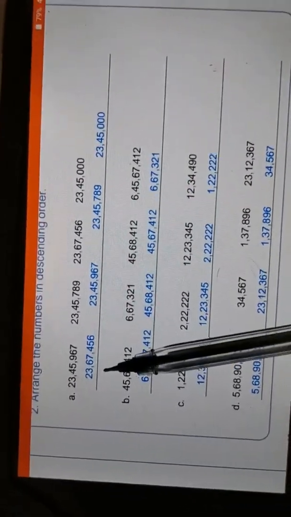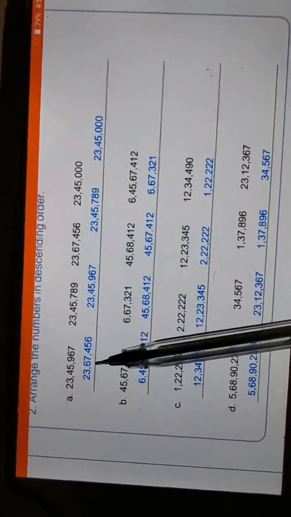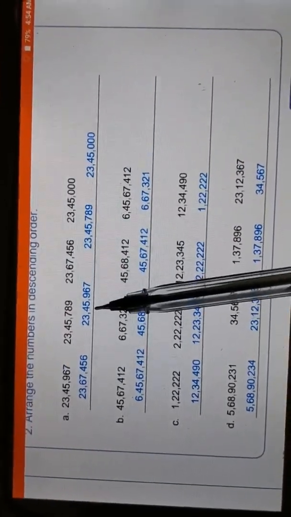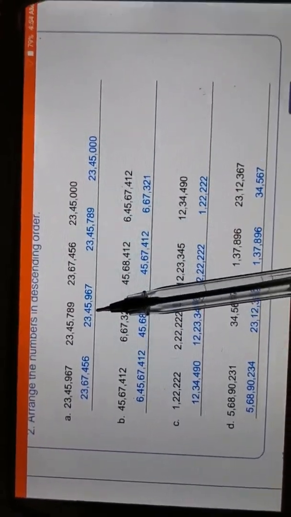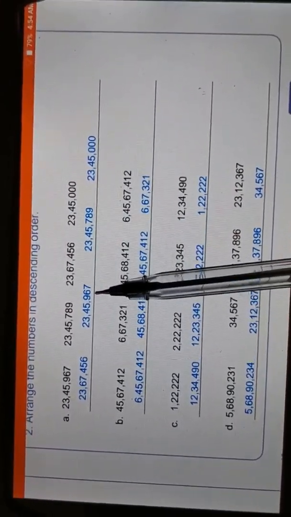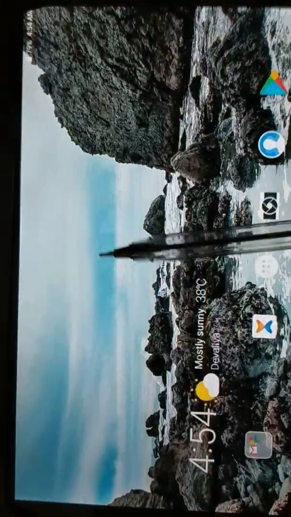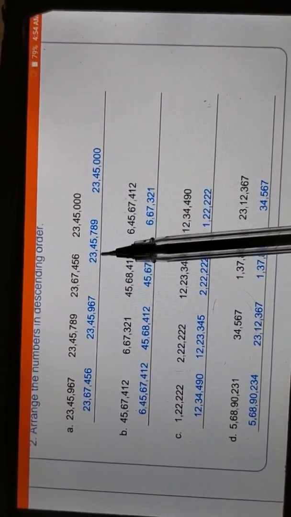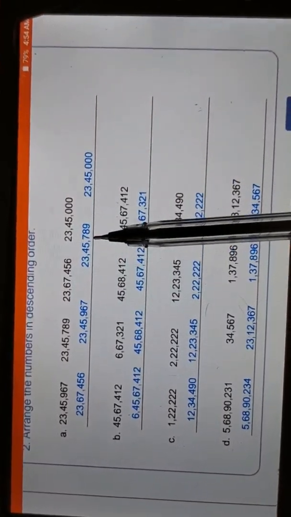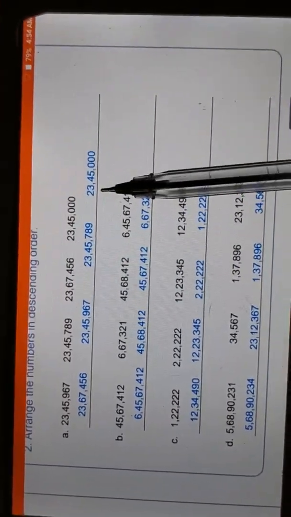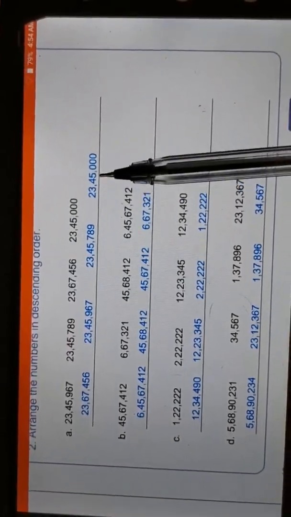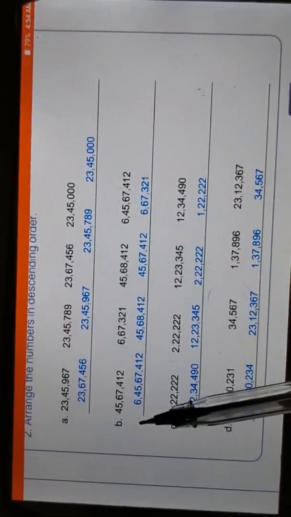So we have to write here 23 lakhs 67,456, the largest number, 23 lakhs 45,967, 23 lakhs 45,789, 23 lakhs 45,000.